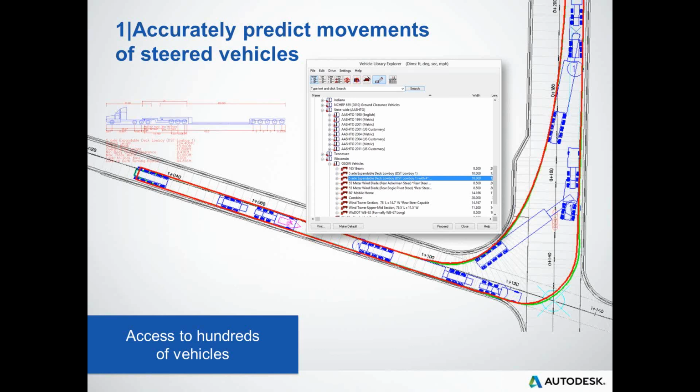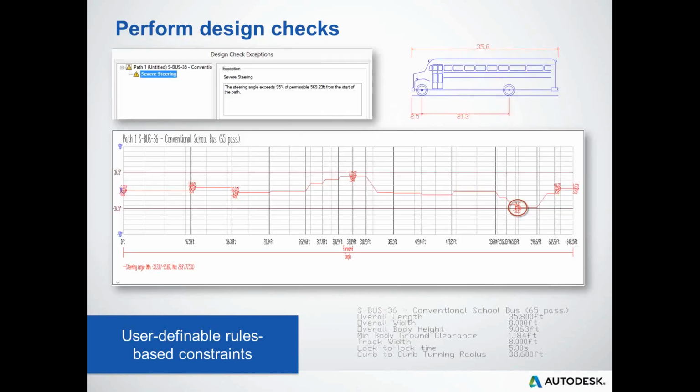So maybe it's technically possible to run along a certain road or a certain parking lot, but sometimes you need very heavy steering, so it might be better to change the design a little bit so you can keep steering to a minimum. So it's more about optimizing the design, even if it's theoretically possible, and we give you some feedback, some reports, to help understand how that all goes in Vehicle Tracking as well.